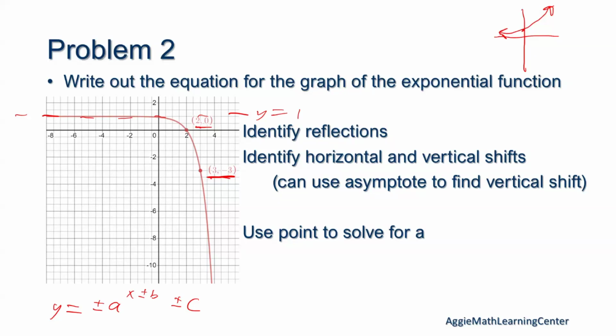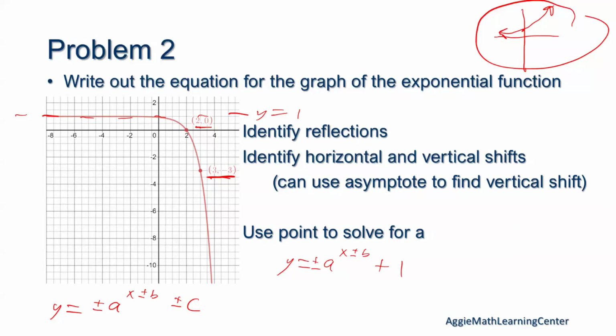So we know that c is going to be a positive 1 because it got shifted up 1, that horizontal asymptote that never crosses is 1 above what it usually is. So you know y equals a to the x minus b plus 1.